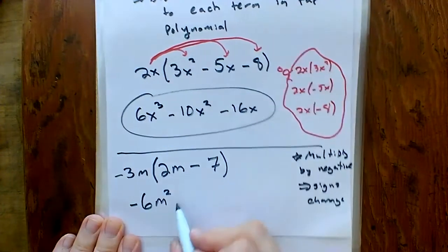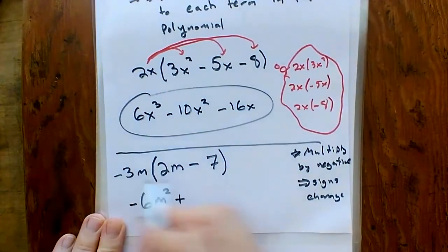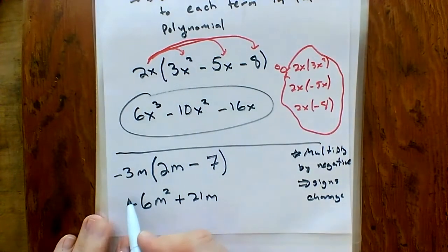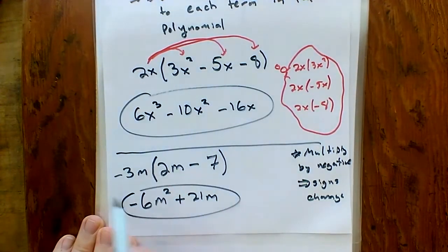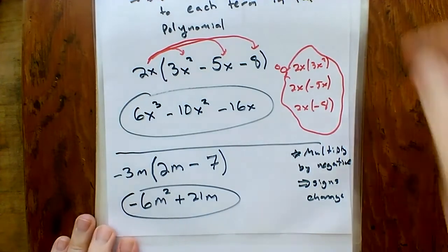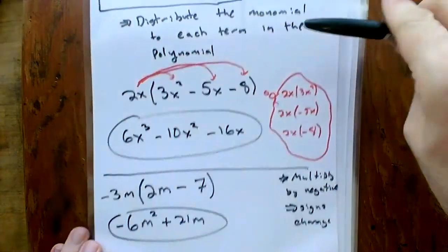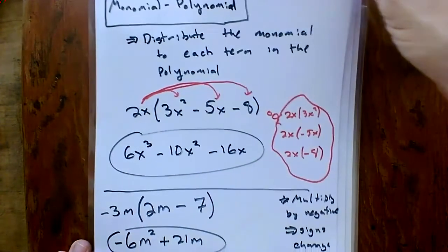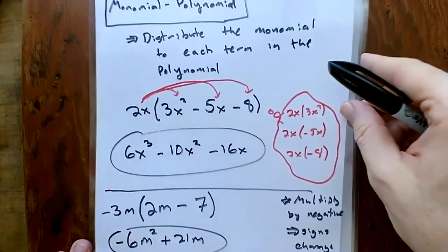Negative times negative is positive. And 3 times 7 is 21. We still have that m. So when I multiply through by a negative, our signs change. So this is generally how our monomial polynomial multiplication works.